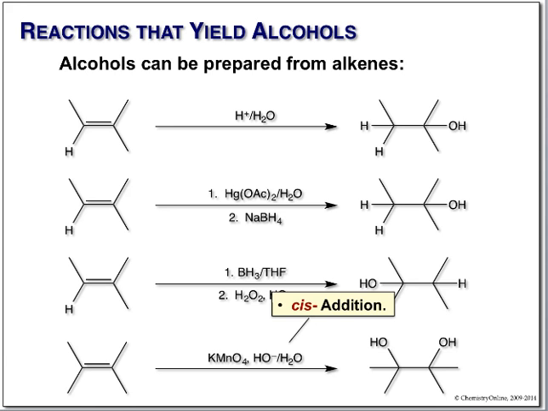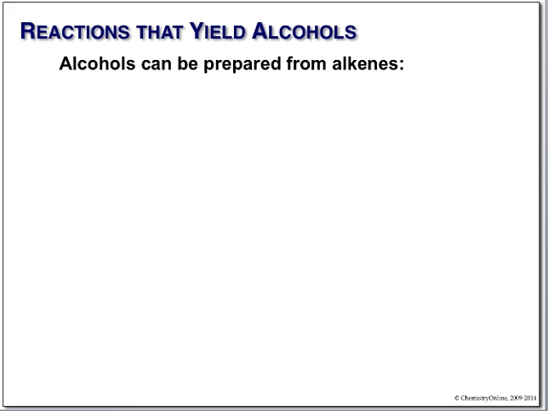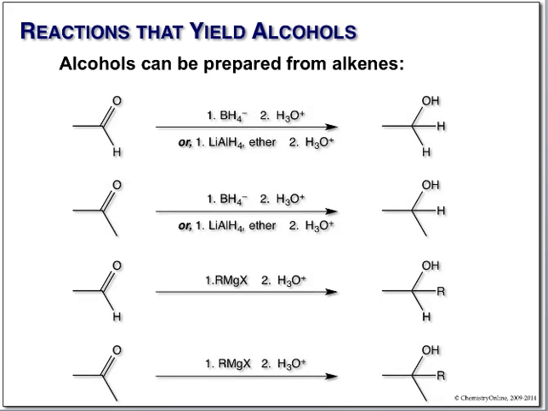Now in this chapter we have some new reactions as well. Our first set of new reactions are going to be reductions. In a reduction reaction, we're going to take a carbonyl compound and we're going to convert it to an alcohol. What we're going to do here is add a hydrogen to the carbonyl carbon.